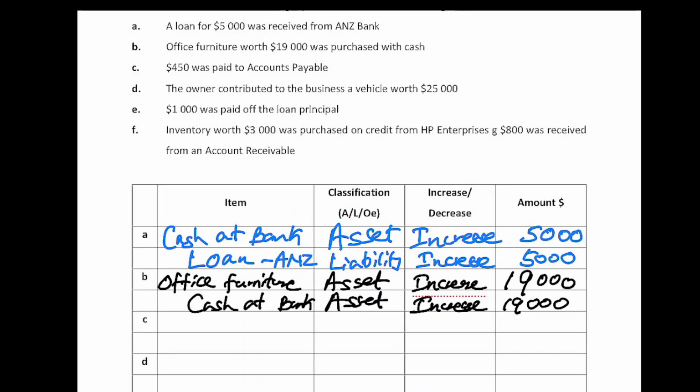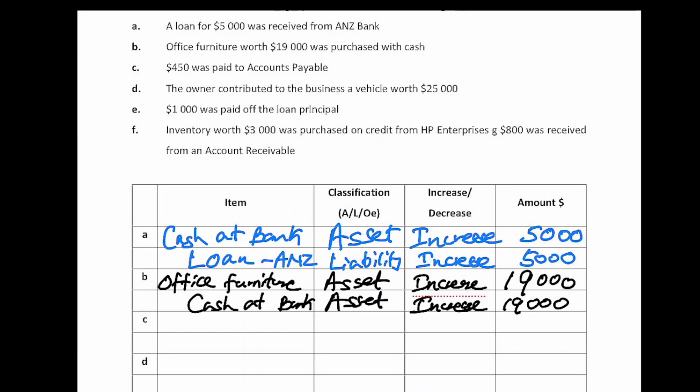No idea? What do you think? Accounts payable, what happens? Decreases. That means the debt, the money we owe to the accounts payable, decreases. Very good. Any other item affected?